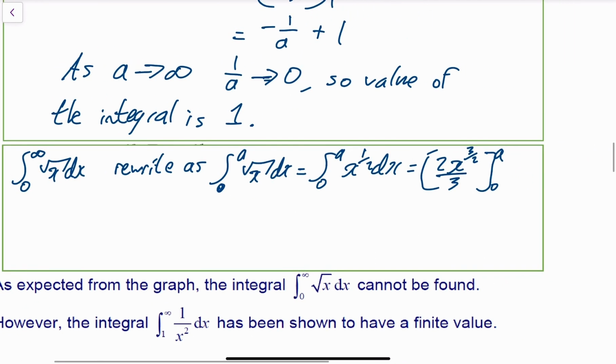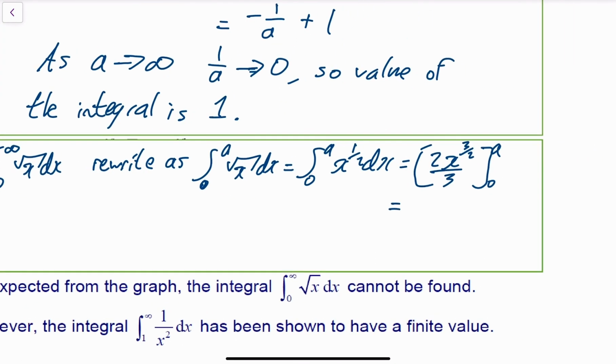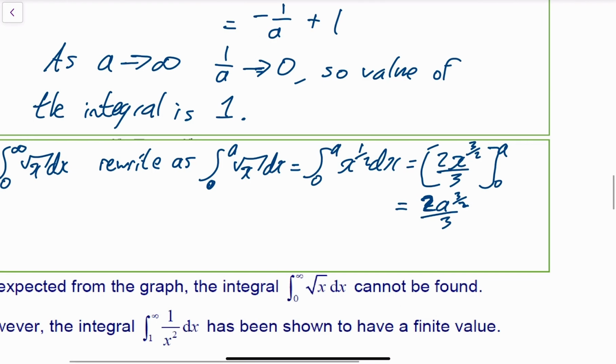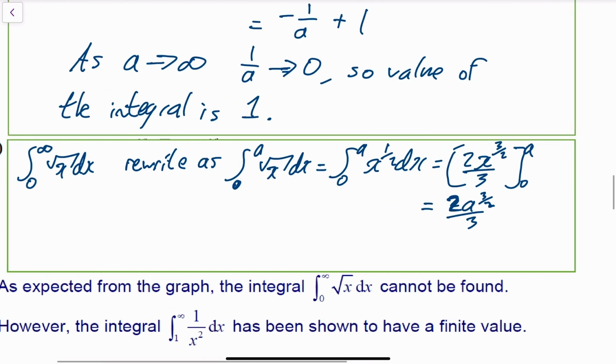And then if you do that, it's just going to be 2a to the power of 3 over 2, over 3. Okay, so remember, we replaced our infinity by a, so let's look at what happens. As a tends to infinity, a to the power of 3 over 2 is still going to tend to infinity.